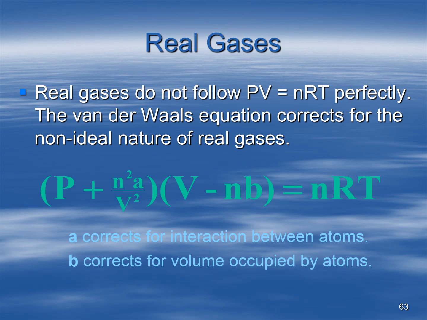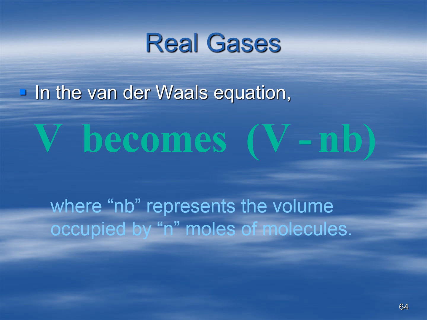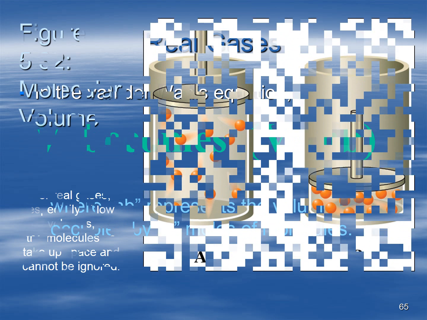The smaller the volume of gas that you use, the more the molecules take up space, and you can't totally ignore them. So this is a little bit of a correction for that. Instead of V, we use V minus nb. Again, nb represents the volume occupied by the molecules. So when they can't be ignored, we have to correct for it.